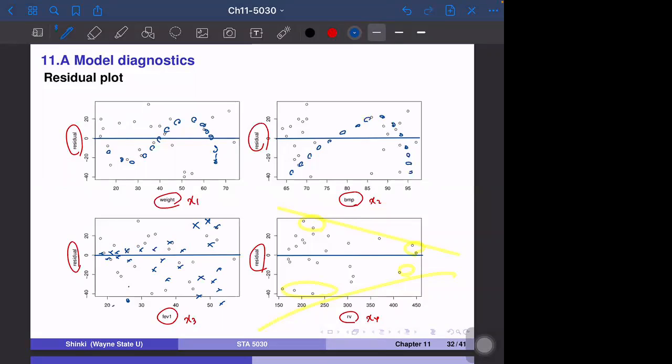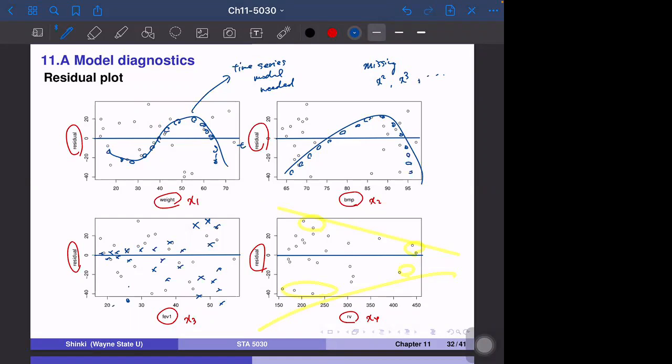Usually for this case, we need the time series consideration. A time series model may be needed to remove this kind of correlation, especially if this time axis is t. And for this one, probably there is a missing variable, maybe x squared or x cubed, and so on, so that we have to add more variables.